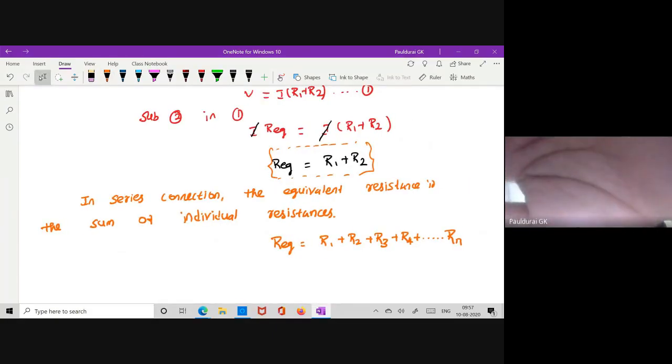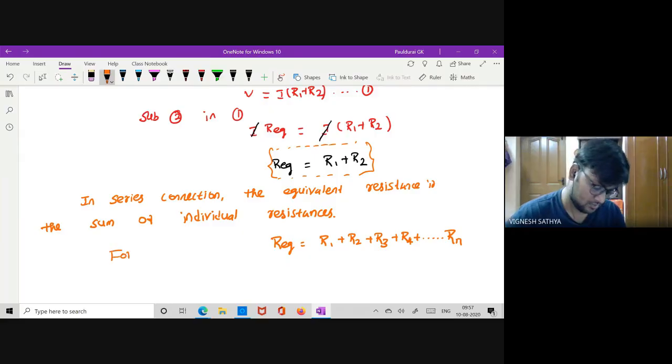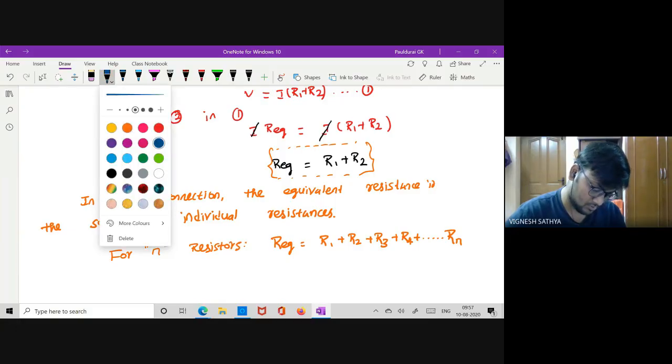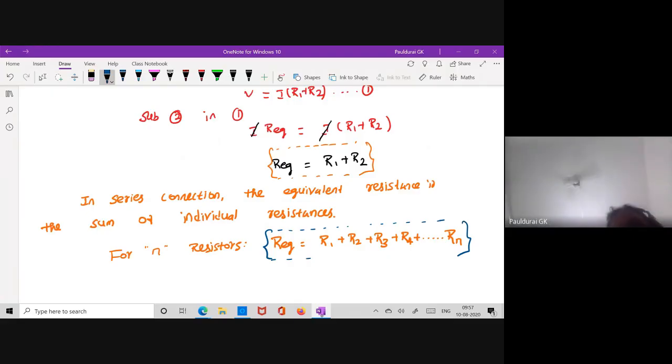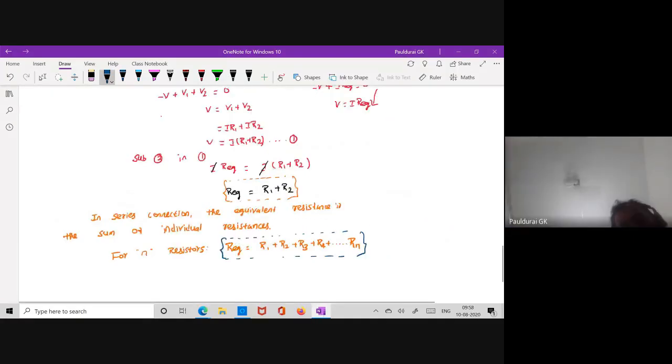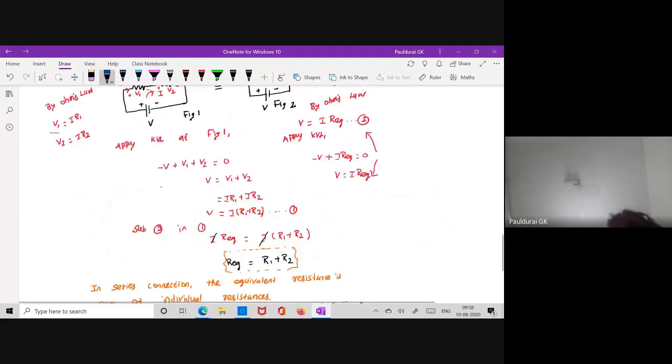It's very important. This holds for n number of resistors. So, any doubt on resistance in series?